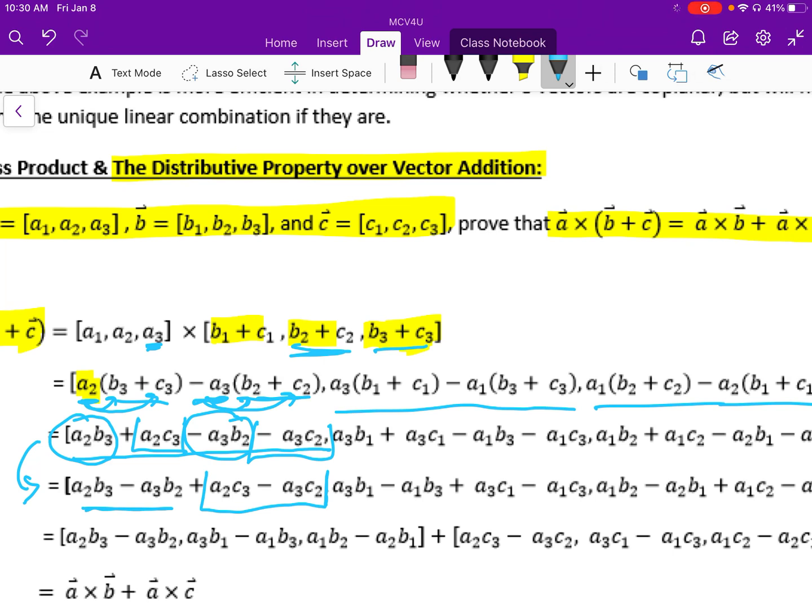All right. What you can see that we're doing here is basically we're setting up the cross product between A and B, adding with the cross product of A and C, right? So that's what we have. We separated it.